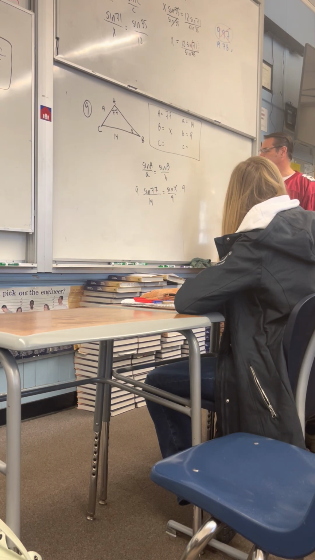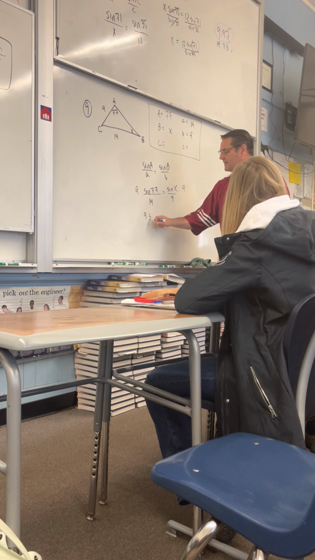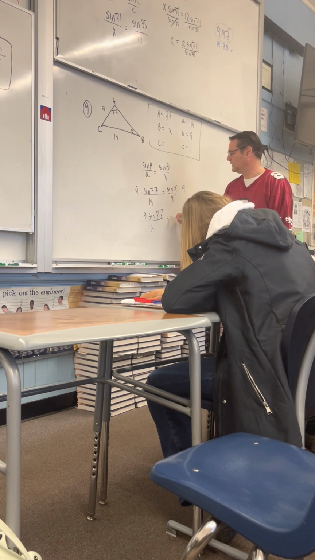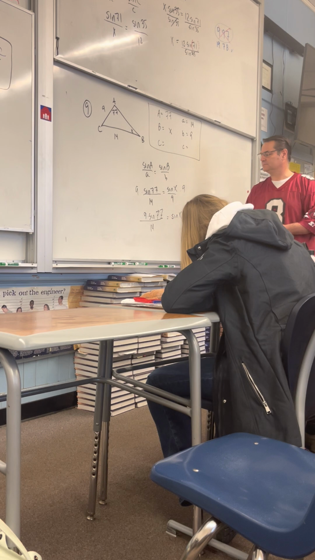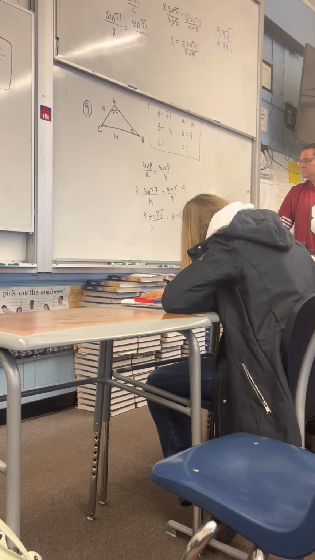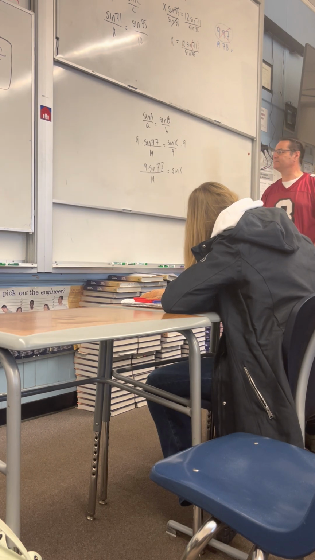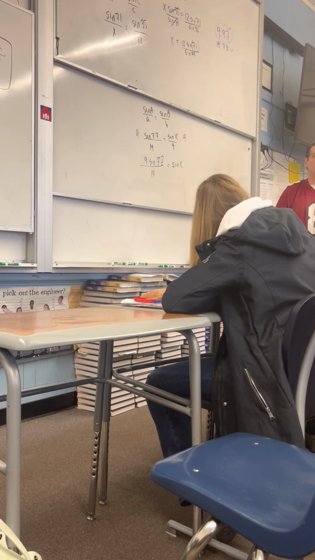So now we've got 9 times sine of 77 over 14 equals the sine of x. Okay, we're closer. But we still don't have what we want. We want x. Right now we've got the sine of x. How do we undo what's being done to x?